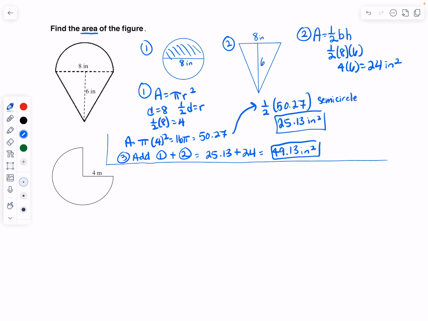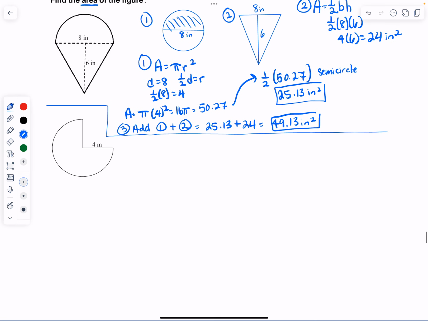Okay? Now, this next figure kind of looks like Pac-Man on its side. But if we look at it, it almost looks like a circle. And I didn't draw that well, but if you just imagine, it looks like almost an entire circle. Okay? So what I'm going to do is find the area of a circle. So pi r squared.